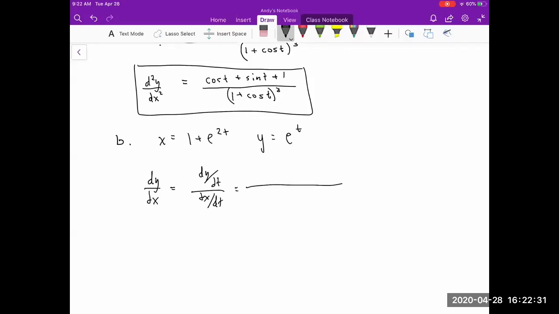So derivative of y's equation is just itself, e to the t. Derivative of x's equation is, well, let's see. Derivative of 1 is 0, so don't write it. Derivative of e to the 2t is 2 e to the 2t. So yes, there's actually some cancellation we can do here.